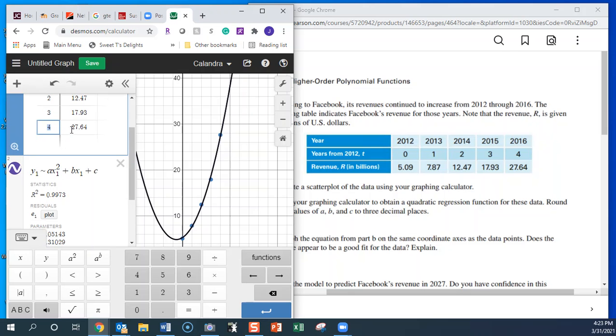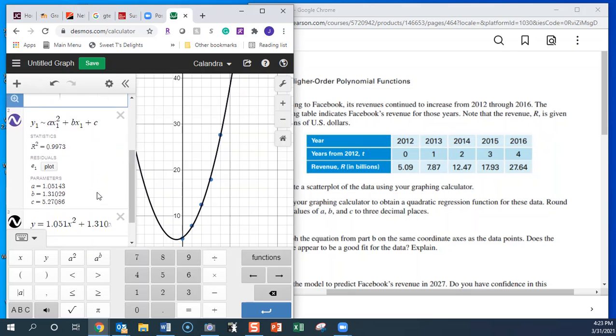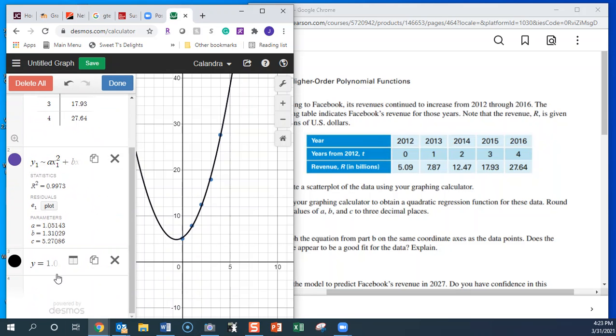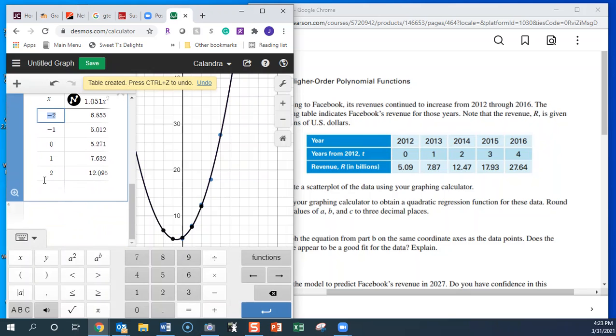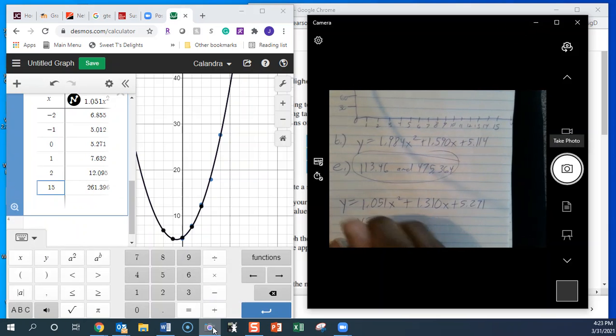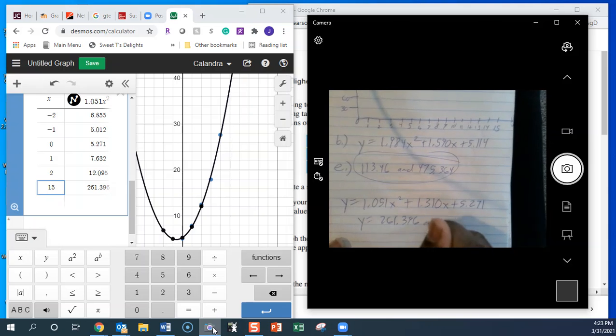Actually, no. Actually, I was supposed to come here and then hit the wheel, then hit the table, and then I could type in 15 here. And it would give me this amount, 261.396. So it'd be y is equal to 261.396 billion.